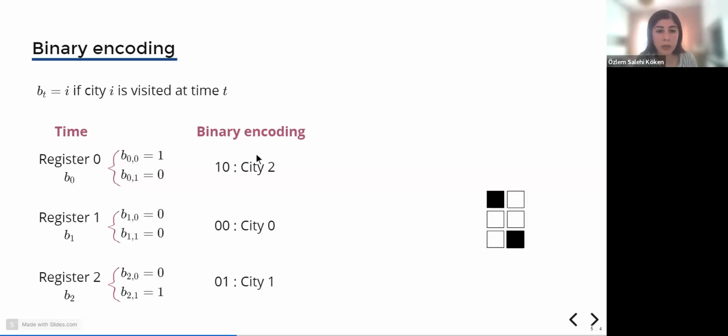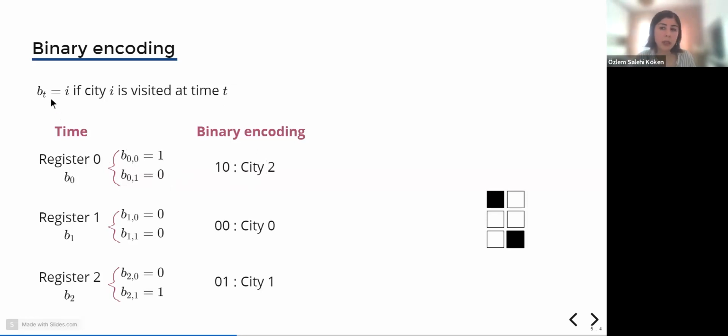So at time 0, city 2 is visited. This means for B_0, I need 2 bits, like for each time point, I need 2 bits. This will be set to 1, and this will be set to 0, and I will read this as 10. So this is city 2, and this is city 0, and this is city 1 because this is 0, 1. And this is binary encoding.